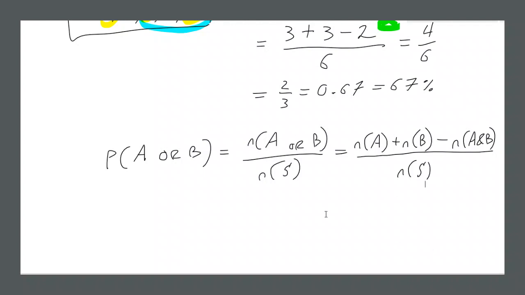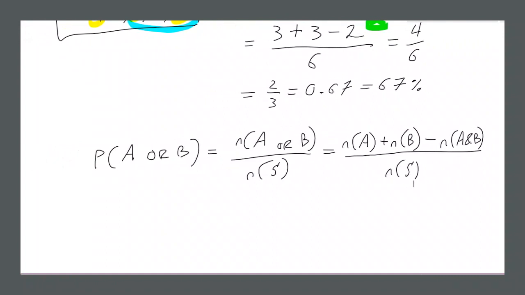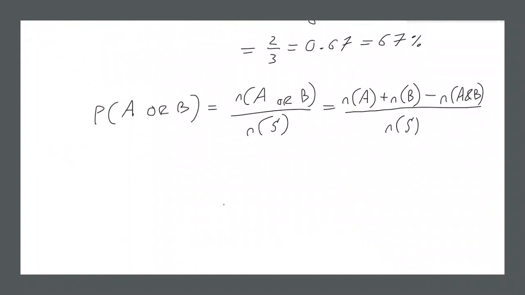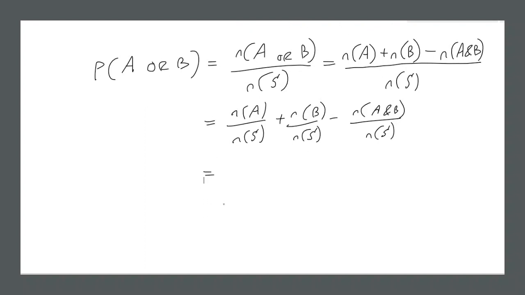Now here's what happens when we simplify that. Okay? We have NA divided by NS plus NB divided by NS minus NA and B divided by NS. So by the basic probability formula, the number of ways something happens divided by the total number of outcomes, that's the probability.